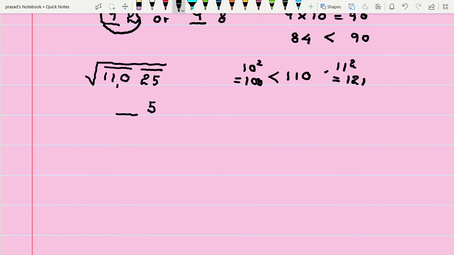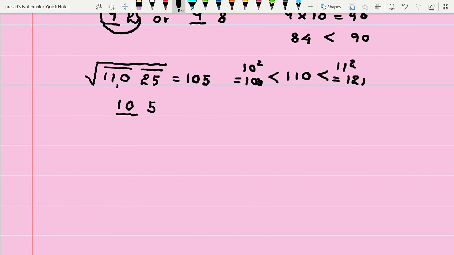And fill the blank with the smaller of the two, 10 and 11. Now since the number is ending with 5, there is only one option. So that means the square root of 11,025 will be 105.